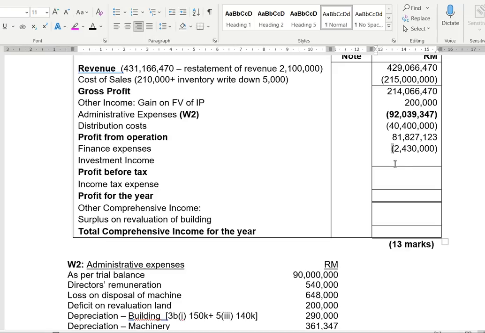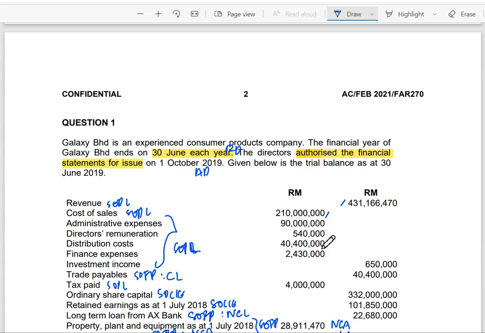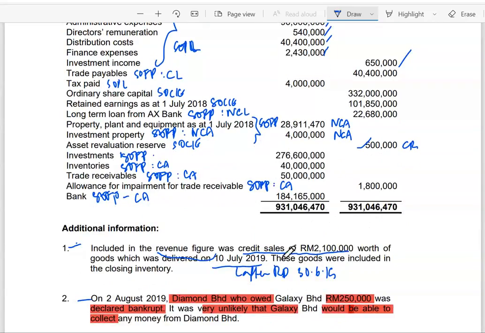Your investment income is mainly from dividend and interest income. That was from here. This item is the finance expense, and this is the income. So we have already checked all that.